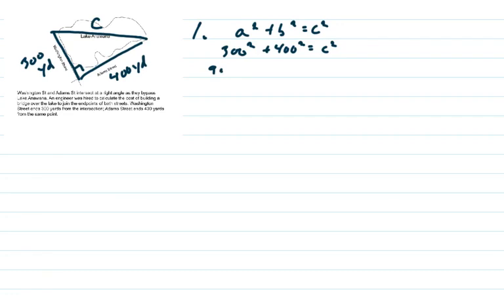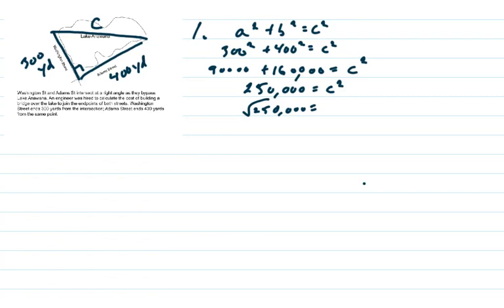So this is 90,000 plus 160,000 equals c squared. So when you combine those, you would get 250,000 for c squared. So the square root would be 500.